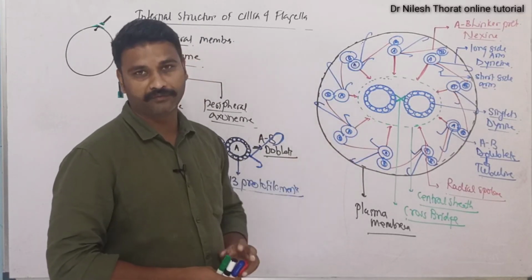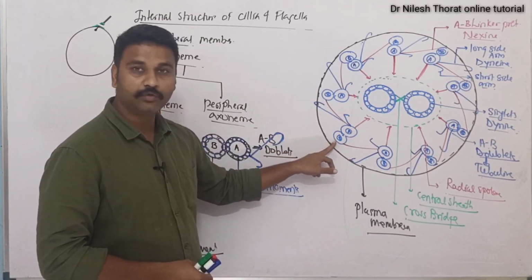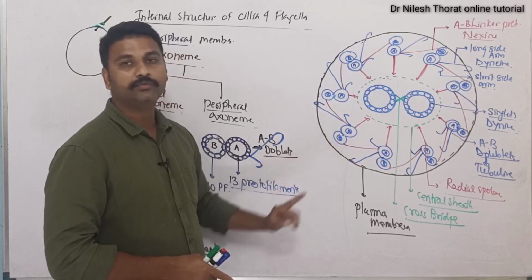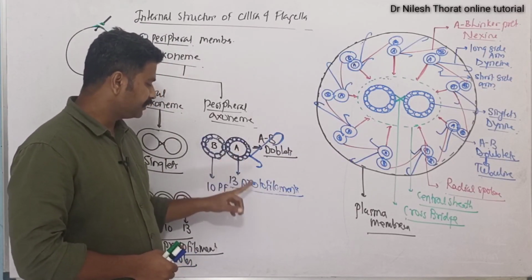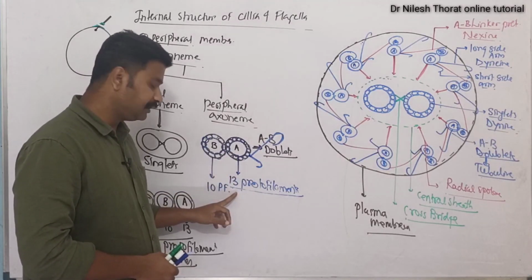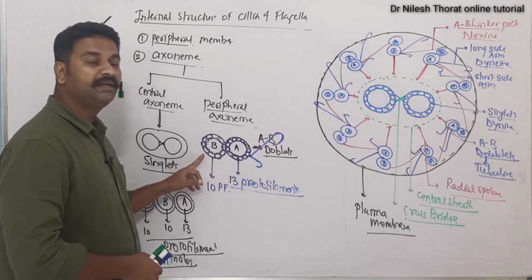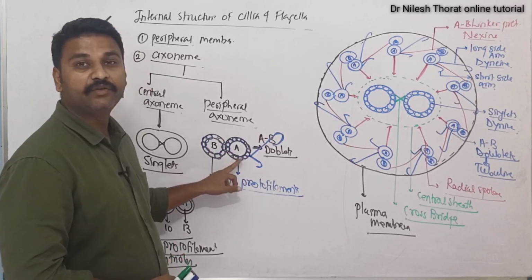Each tube of a doublet, that is the inner tube is the A tube and the outer tube is the B tube. These tubes are made up of tubulin protein, and this tubulin protein will form protofilaments. For making the A tube we require 13 protofilaments, and for making the B tube we require 10 protofilaments. The A tube has two side arms.